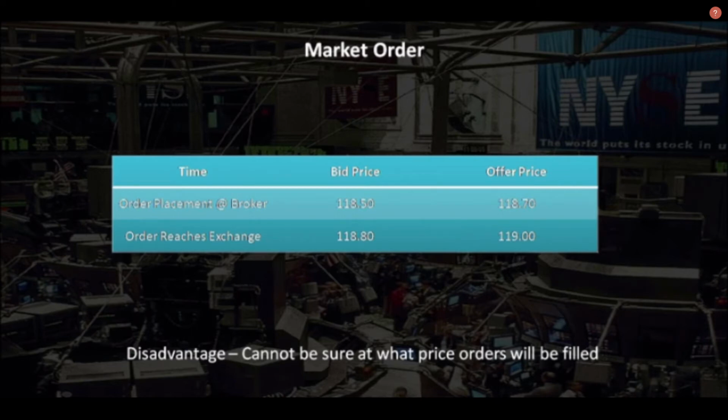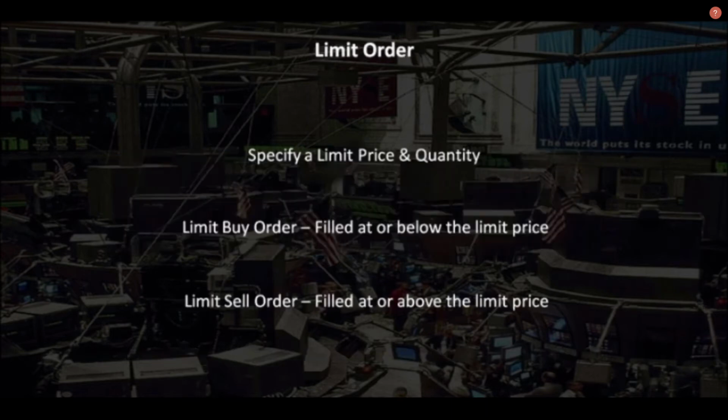In order to eliminate the risk, there is the option to place a limit order. In case of limit orders, you are required to specify a limit price and limit quantity. In case of a limit buy order, the broker is instructed to buy the security only if it is possible to get a fill at or below the limit price.